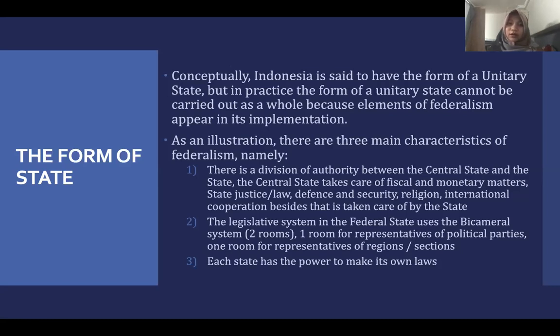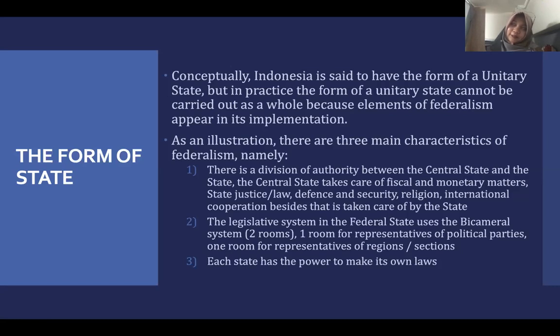you have to know, in practice, the form of unitary state cannot be carried out as a whole because elements of federalism appear in its implementation. For the form of the state itself, we try to know about the unitary and also federalism. In Indonesia, we recognize that we are unitary.